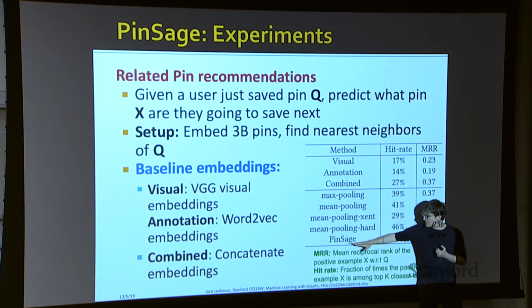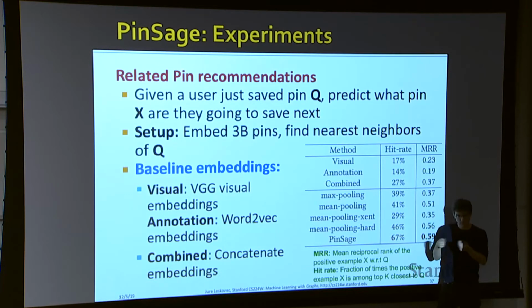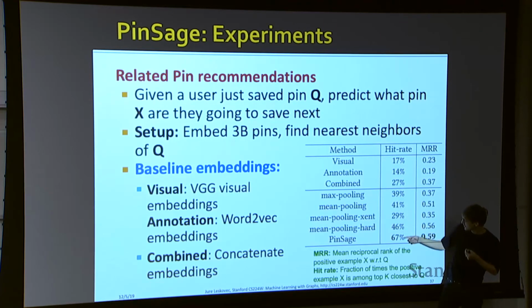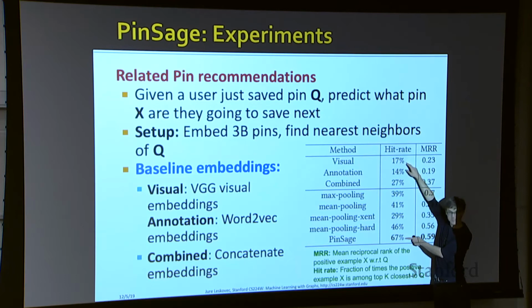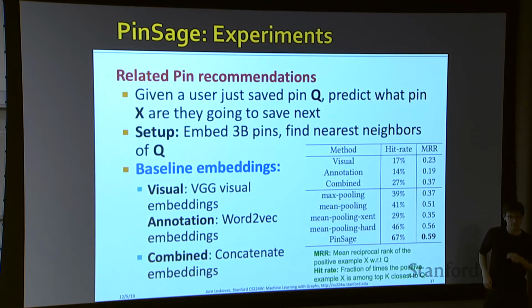And if I'm using this notion of hard negative examples and I carefully select, using this PageRank idea, what neighbors I aggregate from, then I get another almost 50%. Right? And now this is the difference, right? Visual gives me 17 and this gives me 67. Right? That answered kind of your question?